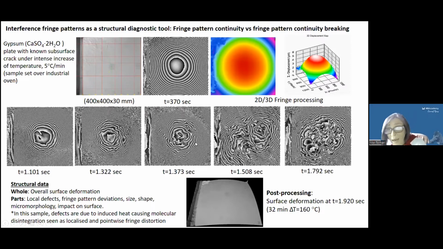And as the time passes, it creates small and different fringe patterns. We can follow each and every distinct one, because the whole starts to deteriorate so much that it is not a whole anymore.